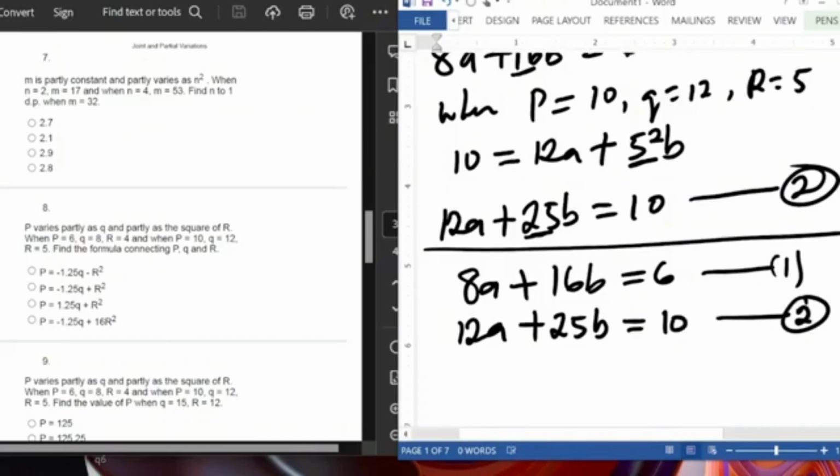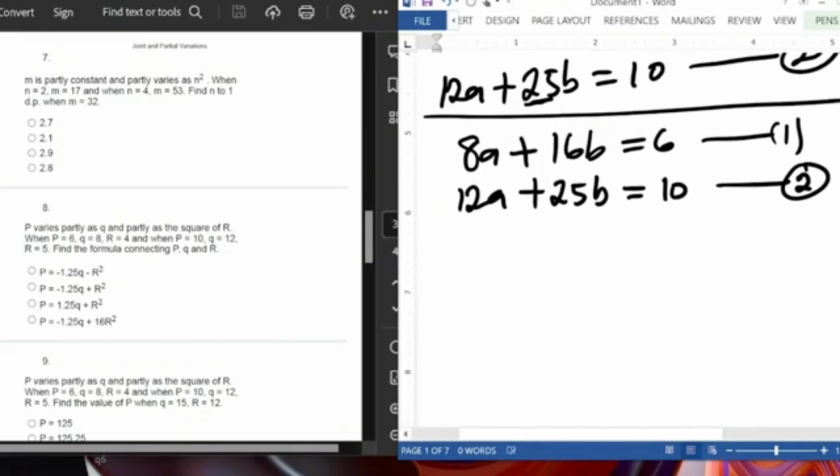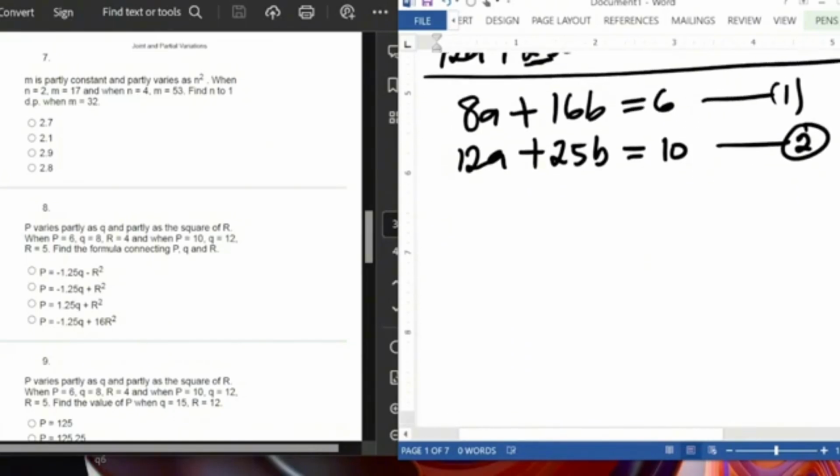So from here you notice that none of the constants A and B has the same coefficient in both equations. So in that case, what are we going to do? If you want to use another method except elimination, you can, but you are going to have fractions that you'll be substituting, and we want to avoid that kind of stress.